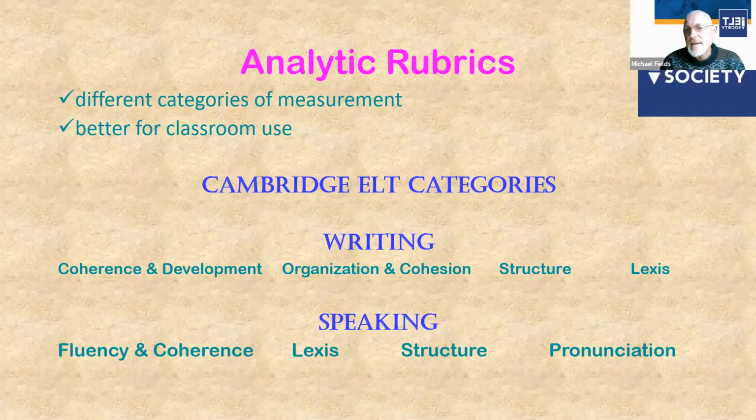So it's not enough to say that a group of students at an upper intermediate level all share the same traits. They may have very different traits which get them to that level. So by using an analytic rubric where we break down the descriptors into categories, we're able to give much better feedback. That's really good for formative evaluation.